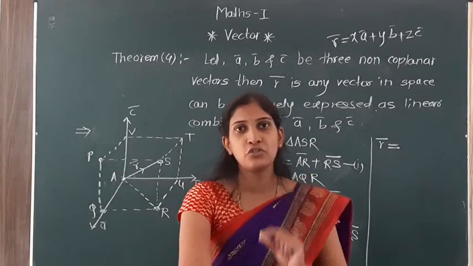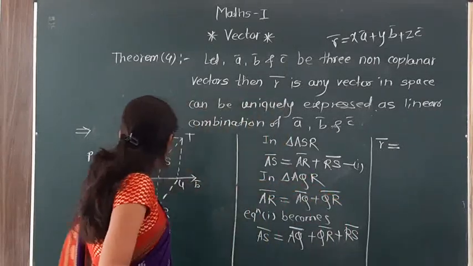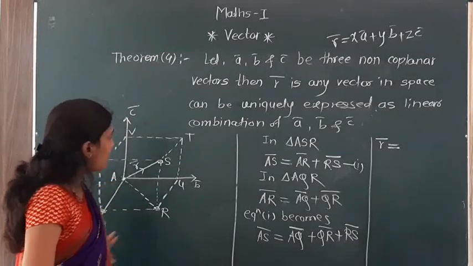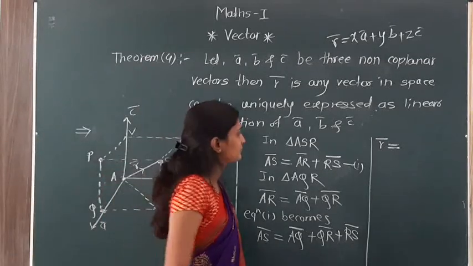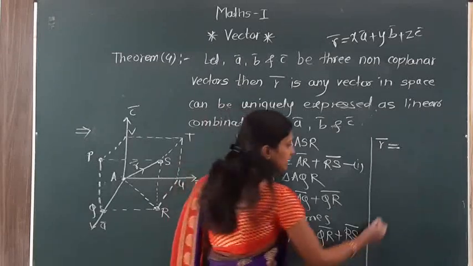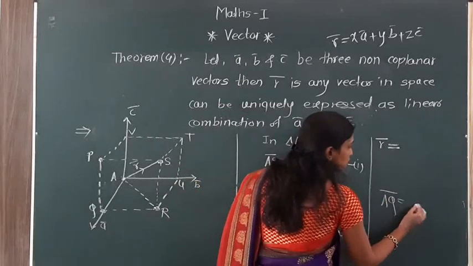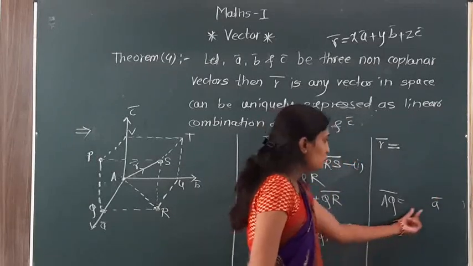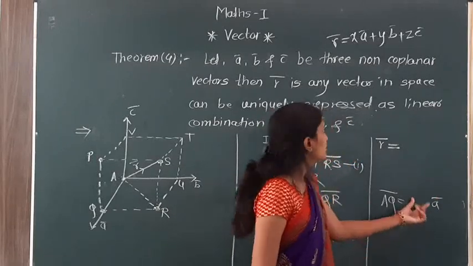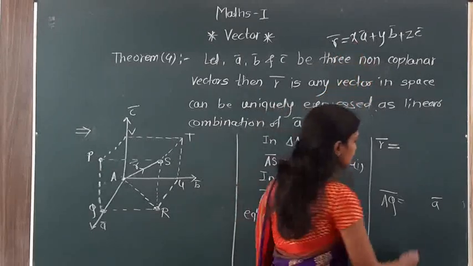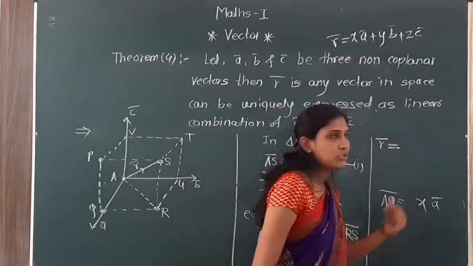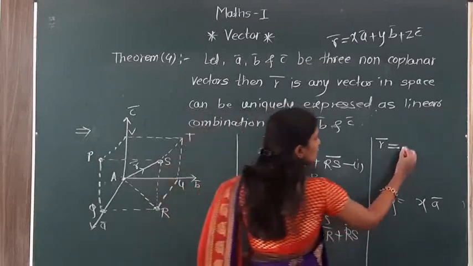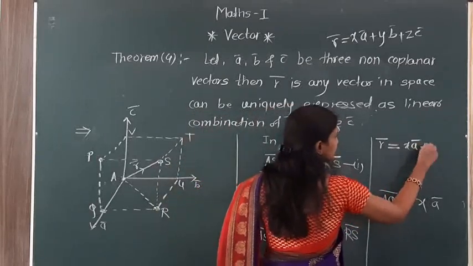So if AQ bar is along a bar, then AQ bar is equal to some scalar times a bar. We take the scalar x. So AQ bar is equal to x a bar.